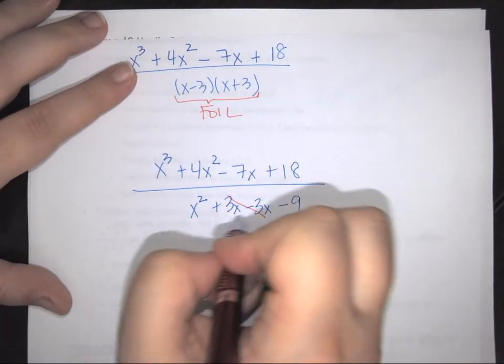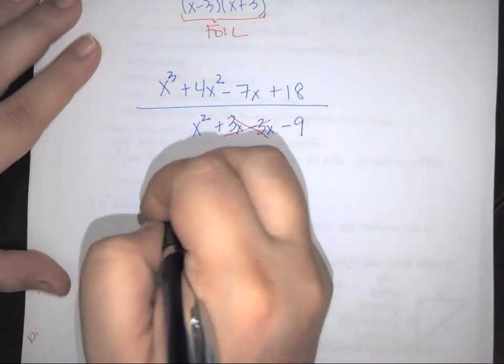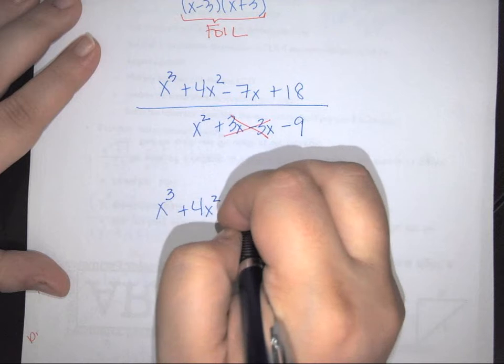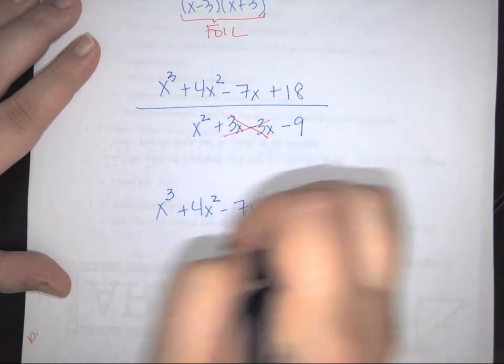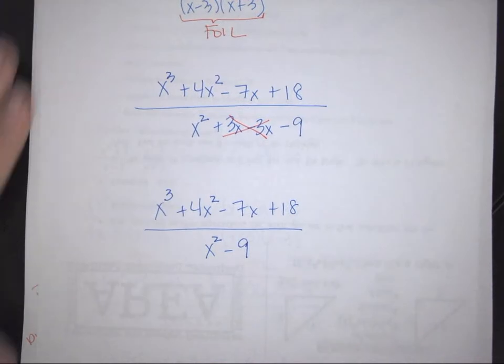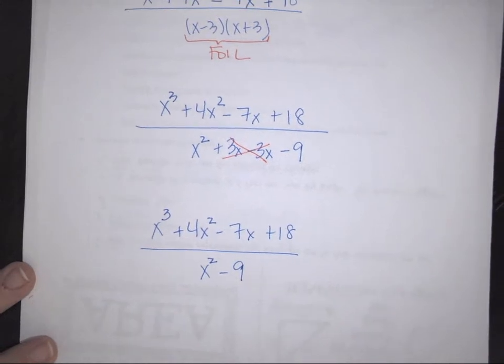My middle here is going to totally disappear. Leaves me with x cubed plus a 4x squared minus 7x plus 18 all over x squared minus 9. So that is an example of adding my rationals together.